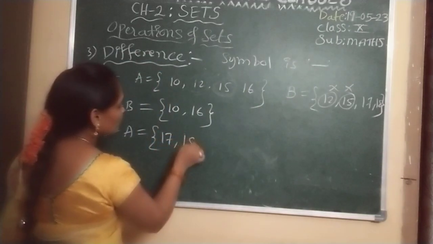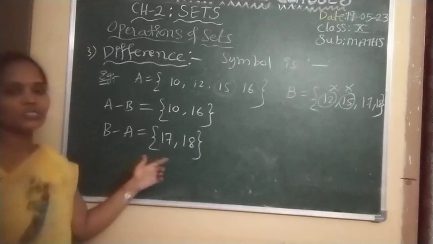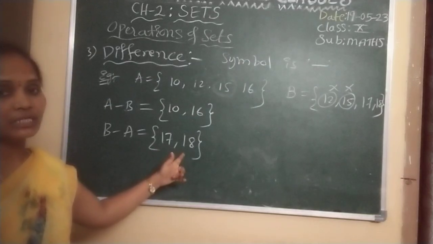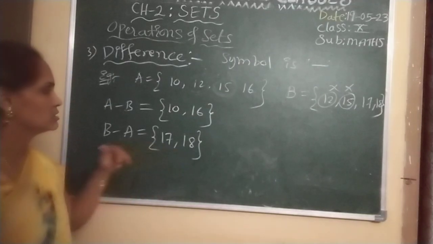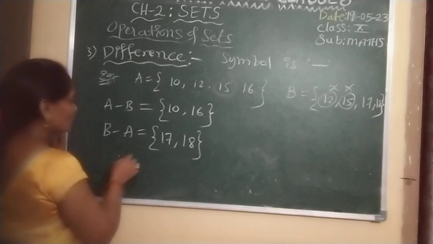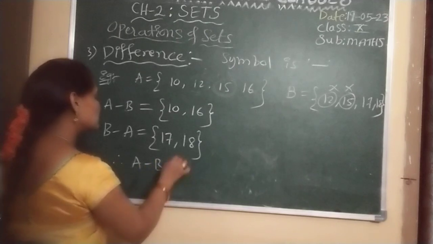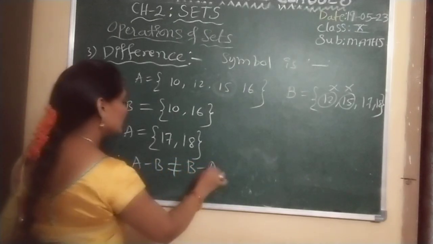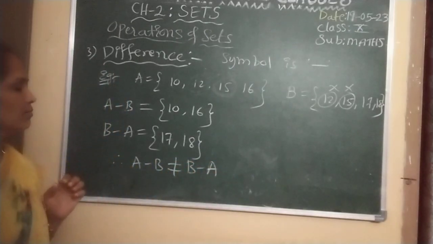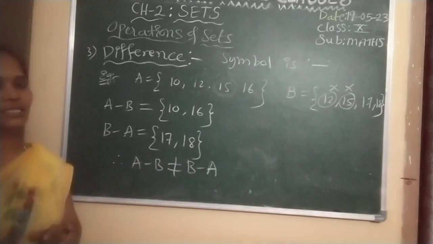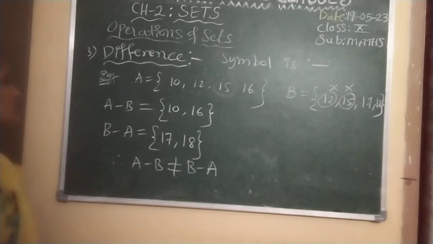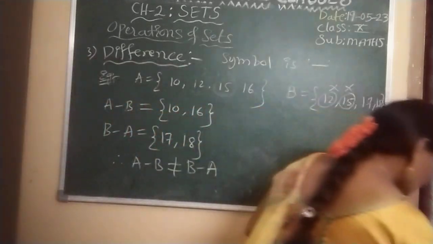So from the B set only remaining numbers we should write. Therefore, from these two, we can conclude that A minus B is not equal to B minus A. This is the difference operation on the sets.